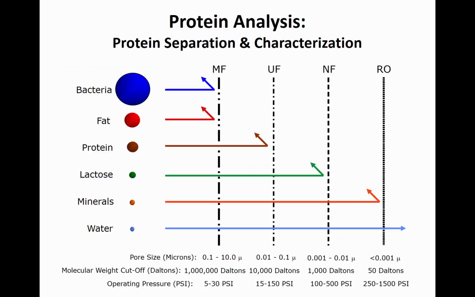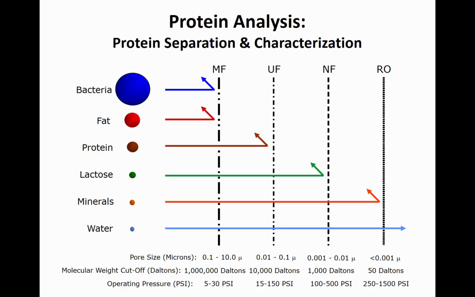So here's a milk system. Let's say you have milk, and the first membrane that your milk is going to be subjected to is a microfiltration membrane. Then fat and bacteria will be your retentate, and then protein, lactose, minerals, and water will pass through the microfiltration membrane.